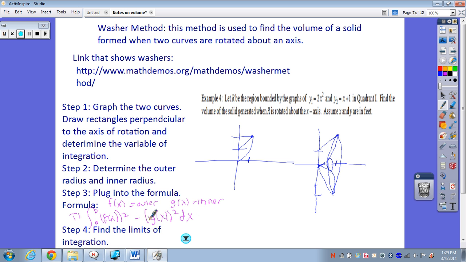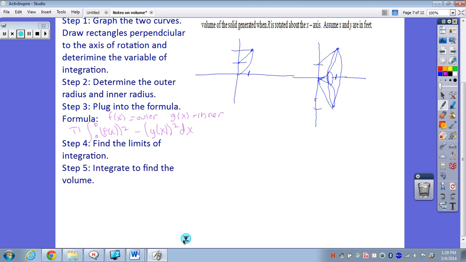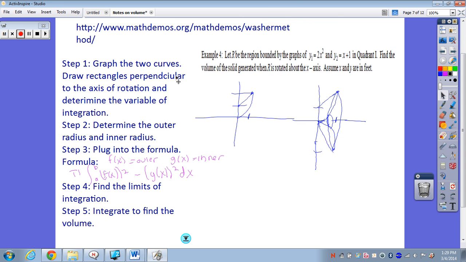And this also can be in terms of y, so it could be f of y squared minus g of y squared dy. Then we find the limits of integration, and then we integrate to find the volume. So it's the same steps, but it's just a little bit more difficult because we have two curves. And the key thing is to identify what's the outside curve and what's the inside curve.